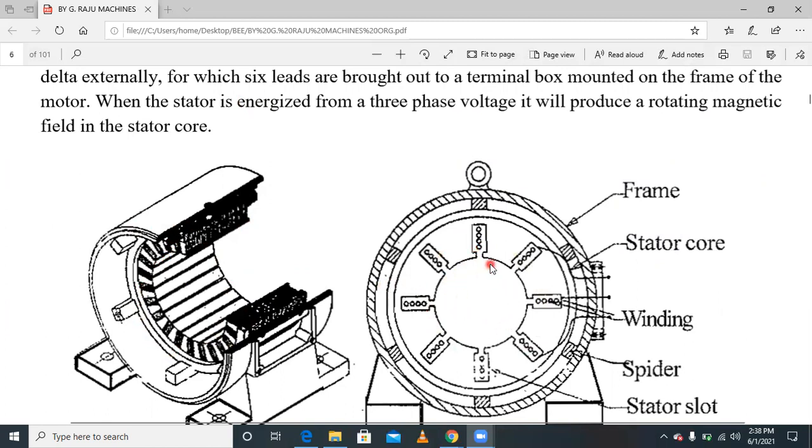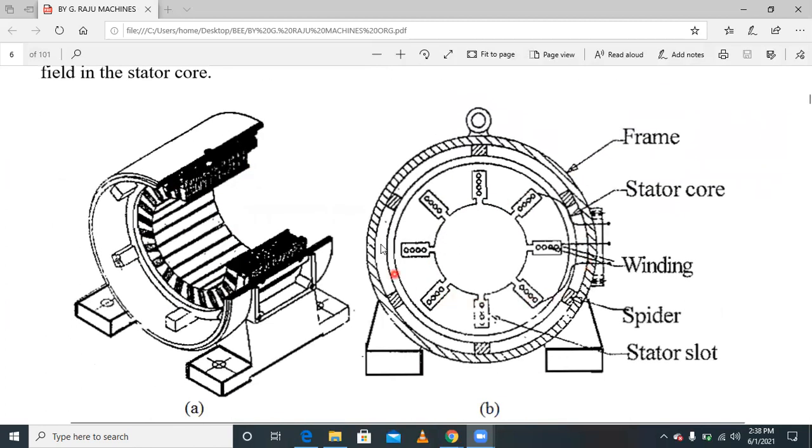What happens when we give the power supply to the stator winding? This is called the stator winding, and we are giving power supply to the stator winding. When we give power supply, the magnetic field is rotating. That rotating magnetic field cuts the rotor. Am I right?